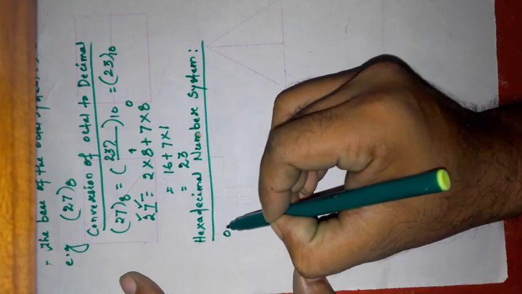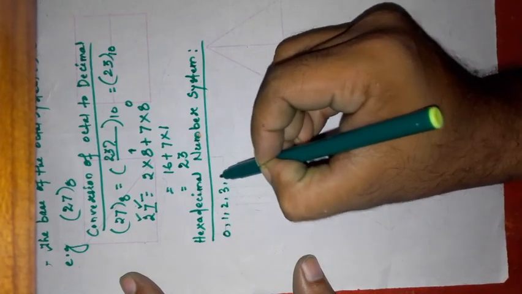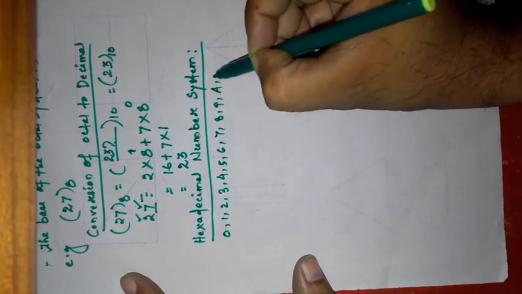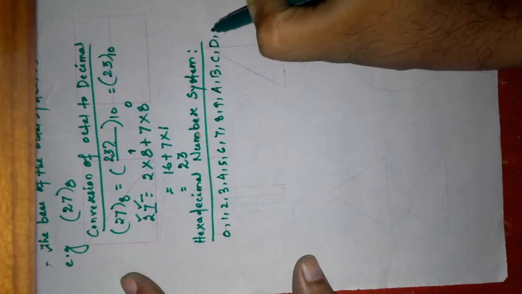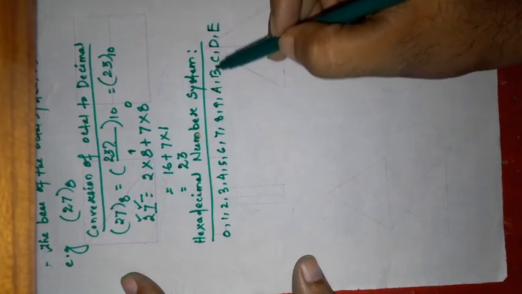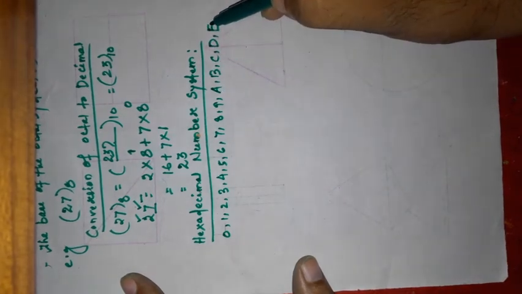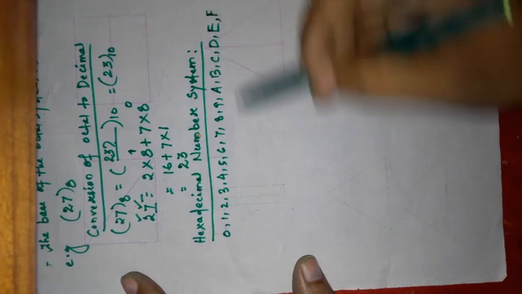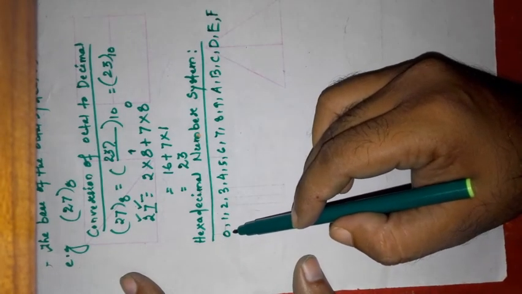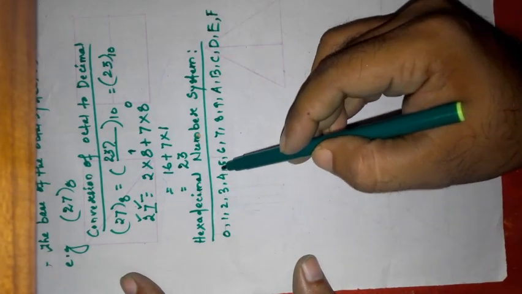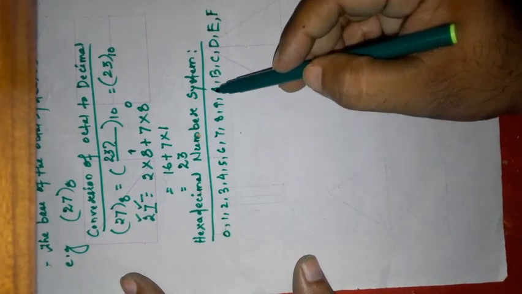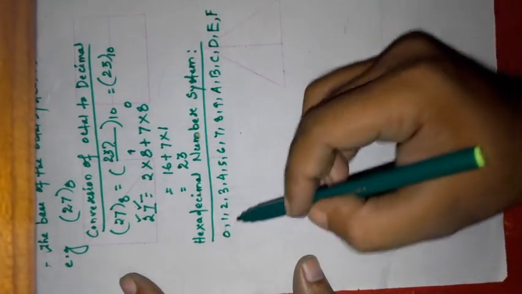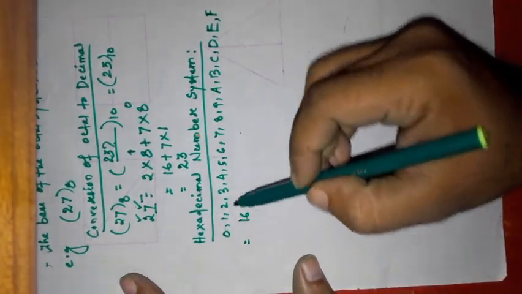The number system consisting of 0, 1, 2, 3, 4, 5, 6, 7, 8, 9, A, B, C, D, E, F. So let's see how many digits are there: 1, 2, 3, 4, 5, 6, 7, 8, 9, 10, 11, 12, 13, 14, 15, 16. So there are 16 numbers. So its base is 16.